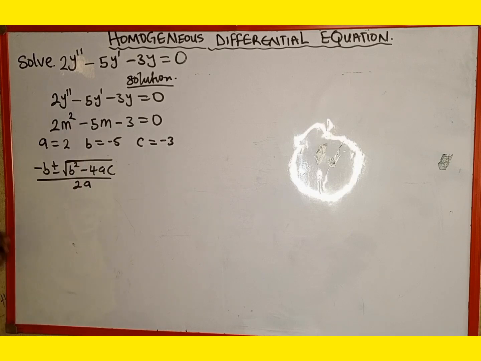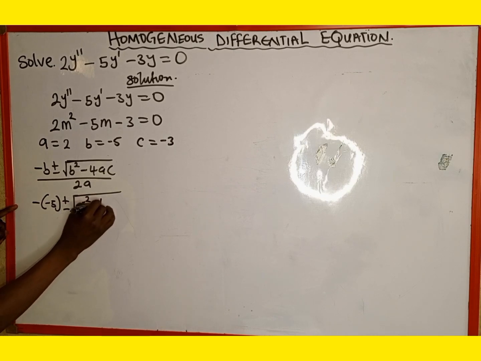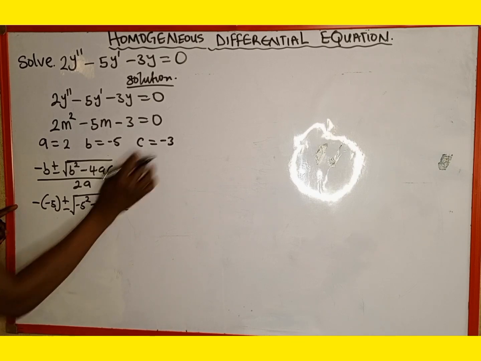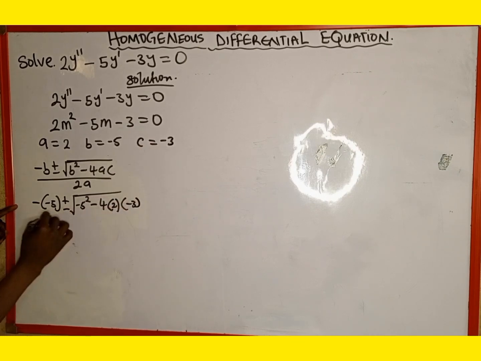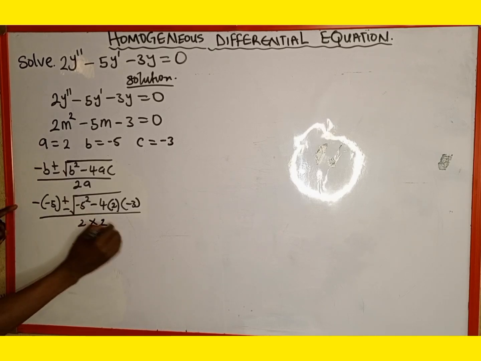So we're going to substitute into this formula. We're going to have minus b, and b is minus 5, and minus is from the formula already, so we're going to have minus into minus 5, plus or minus square root of minus 5 squared minus 4 multiplied by a, which is 2, then multiplied by c, which is minus 3, then everything all over 2 multiplied by a, which is 2.